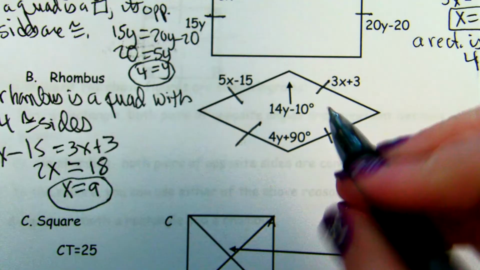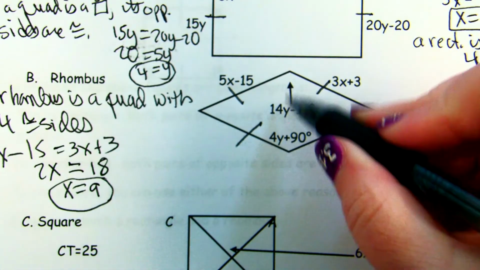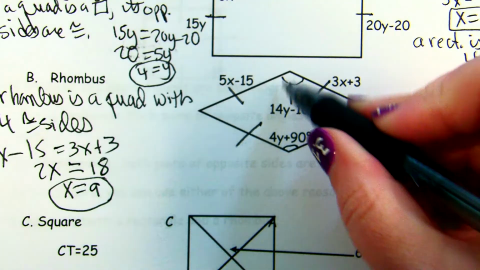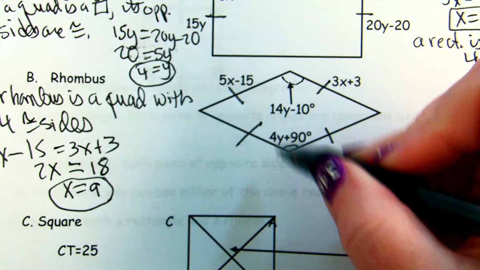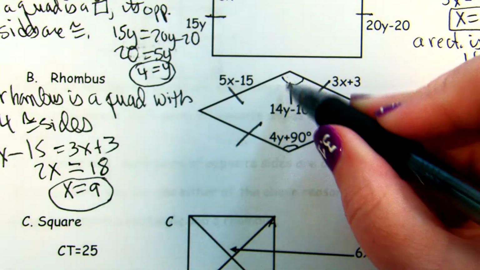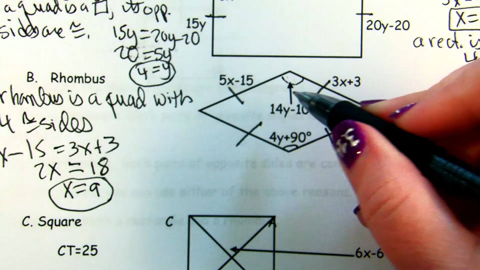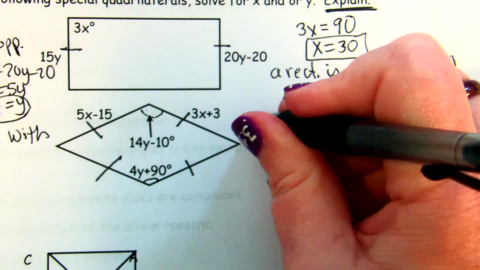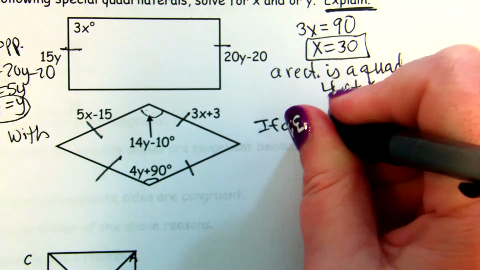And then this is pointing at the angles. What kind of angles are these? Are these consecutive angles or opposite angles? This one up here and this one down here. They're opposite angles. So remember they're all parallelograms.